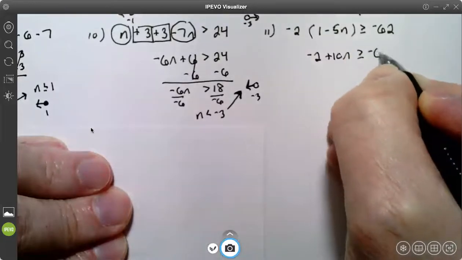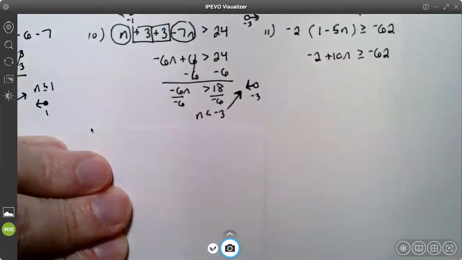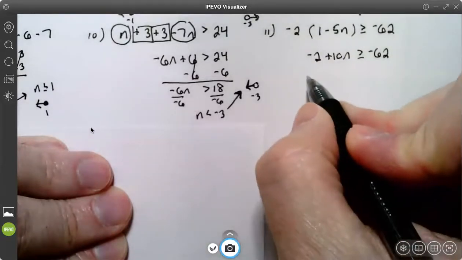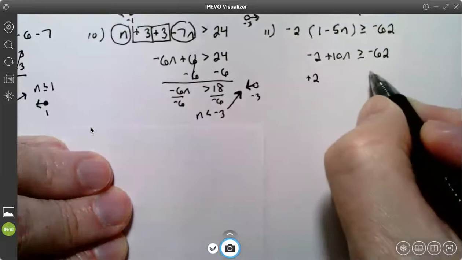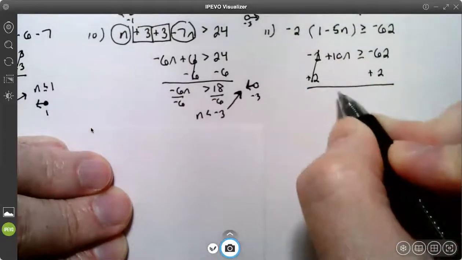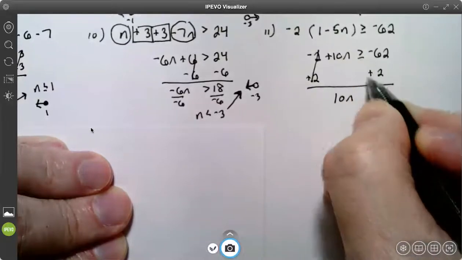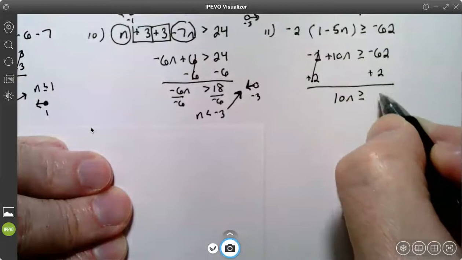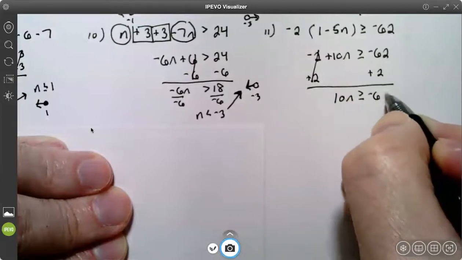Bring down everything else. Next step, to get rid of -2, I plus 2 to both sides. -2 and +2 is nothing, leaves me with 10n. Bring down the sign. -62 plus 2 is -60.